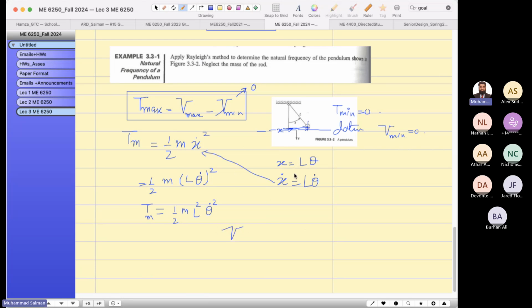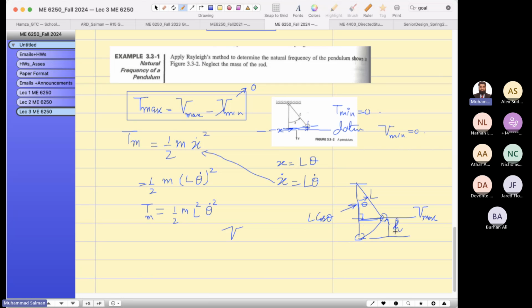V max is, if I zoom in, suppose this is my position for maximum gravitational potential energy. That is equal to mg times h. Suppose this is my length, the length of the pendulum, and if this is theta, this side of the triangle is L cosine theta.